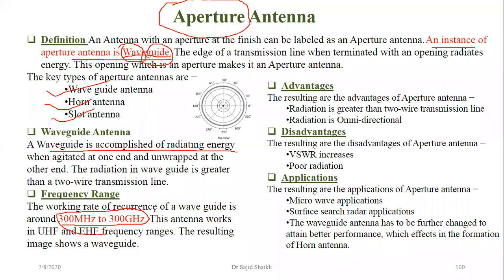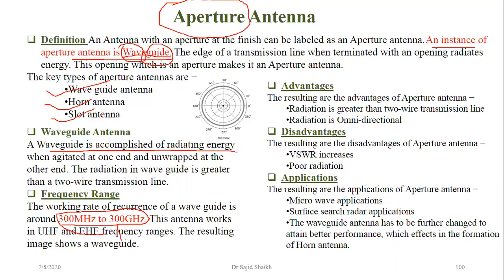Then we discussed helical antennas, which are useful from some megahertz up to about 3 gigahertz. But aperture antennas have a frequency range from 300 megahertz to 300 gigahertz. So this is another important factor.